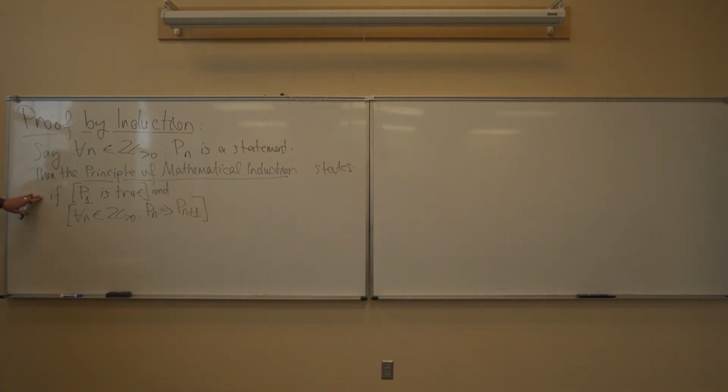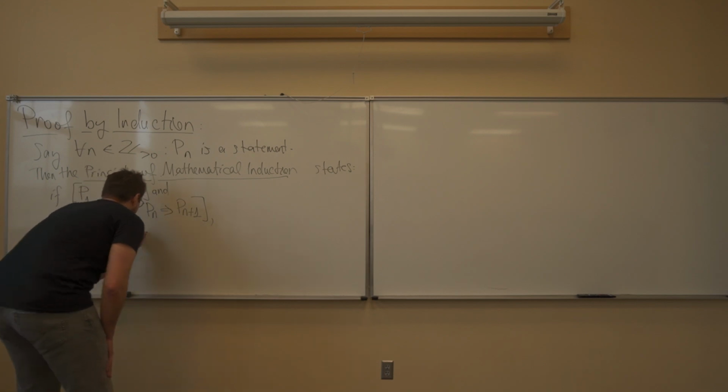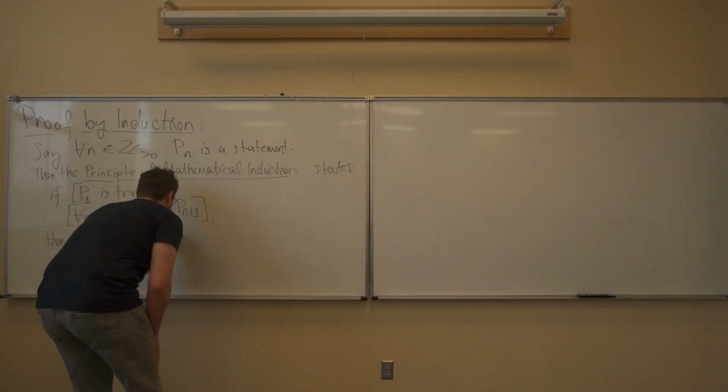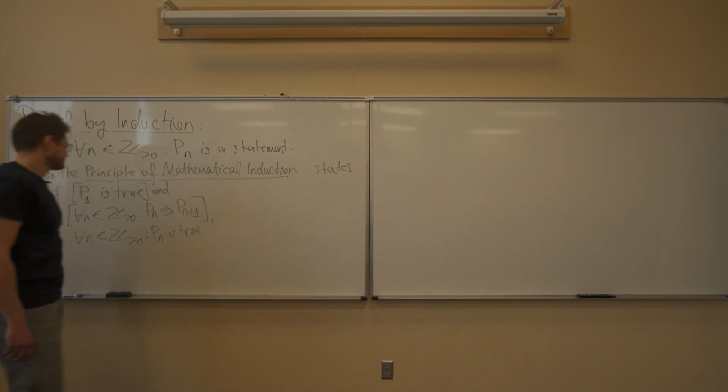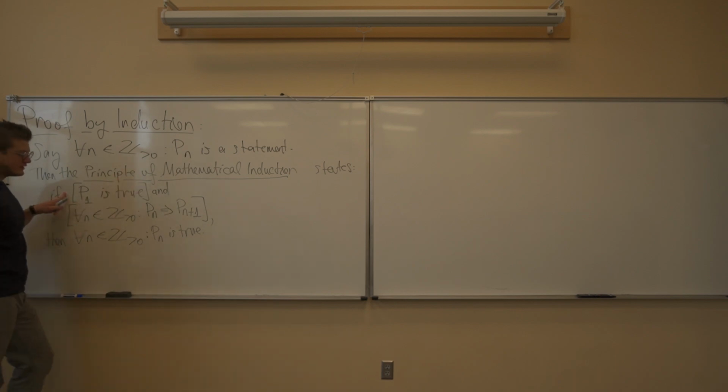Then, this was the if, then for each n, P sub n is true. That's the conclusion. Now, what is the idea behind this? You say, okay, P sub 1 is true. Somehow you verify this. And then let's say that the second part is also true. Well, for n equals 1, this means that P sub 1 implies P sub 2. But because P sub 1 is true, that means that P sub 2 is true. And then plugging in n equals 2 and so on, you keep going like this.